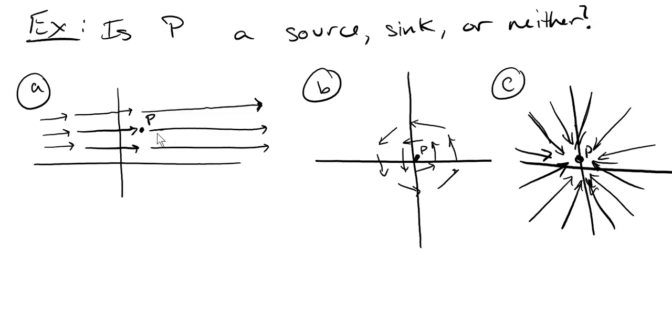It looks like across this point, the vectors to the left are smaller than the vectors to the right. So there's more leaving than entering. Overall, the vector function value is leaving the point. So I'd say this is a positive divergence, implying this point P is a source.